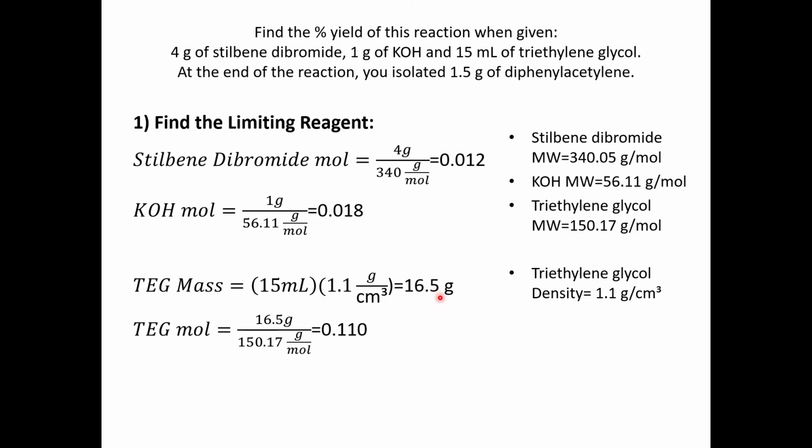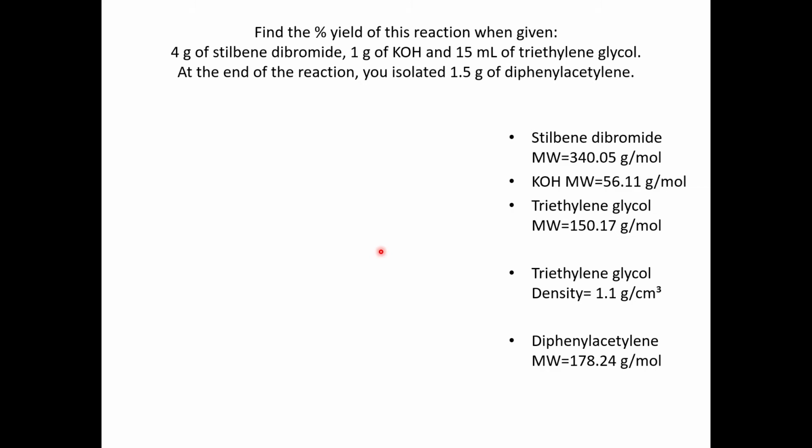Take the 16.5 and divide it by 150.17, and we get 0.11 moles of triethylene glycol. So now when we compare our 3 reactants, we can see that our limiting reagent is our stilbene dibromide. So now we can continue.